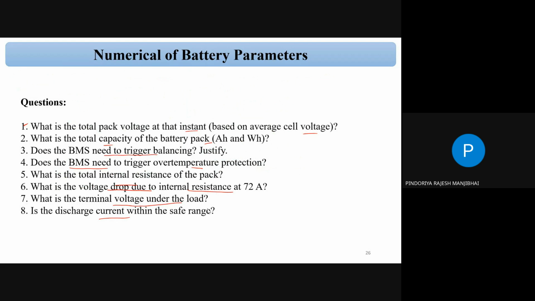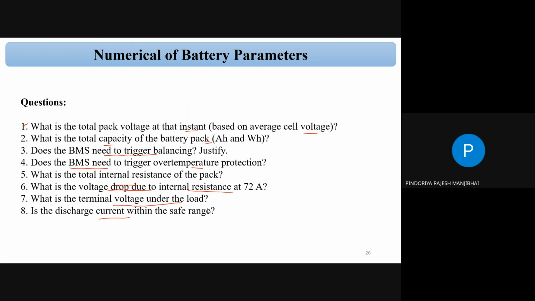First we have to calculate the total battery pack voltage and the total capacity of the battery pack. Does the BMS need to trigger for cell balancing? Does the BMS need to trigger for over temperature protection? What is the total internal resistance of the pack, the voltage drop due to the internal resistance at 72 ampere, and the terminal voltage under the load?